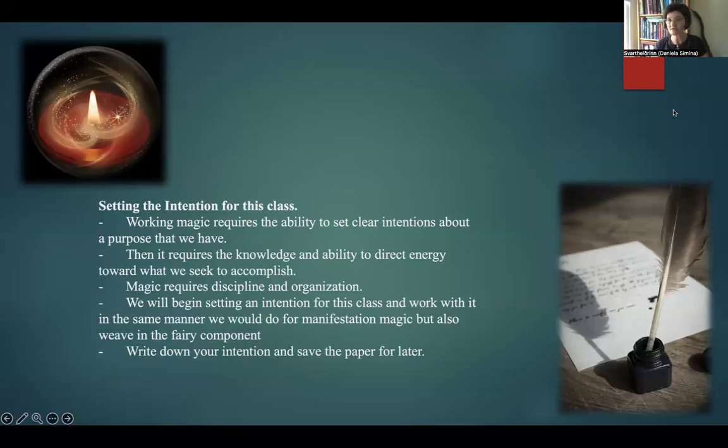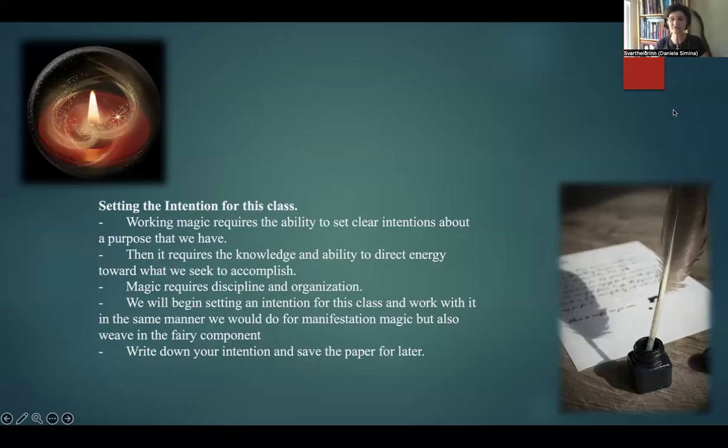This kind of magic, this harnessing of energy, requires discipline, organization. Don't do things randomly. So this is an exercise that primes you for further application of magic, fairy magic.